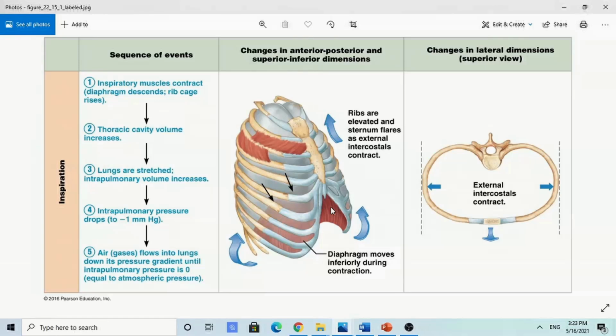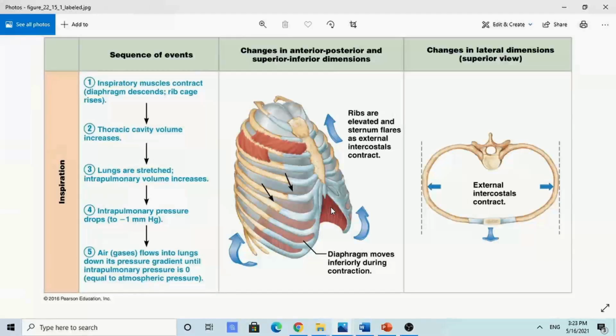So we said as volume increases, pressure decreases, and the pressure within the lungs becomes lower than atmospheric pressure, so air flows from the atmosphere into the lungs. This is what happens during normal, quiet, rested condition.